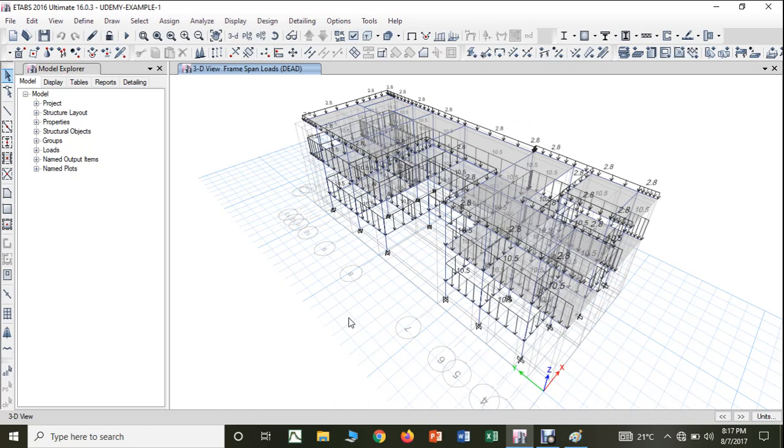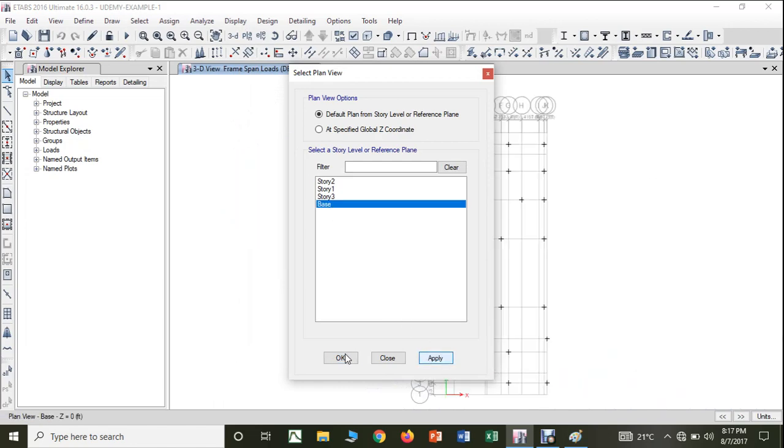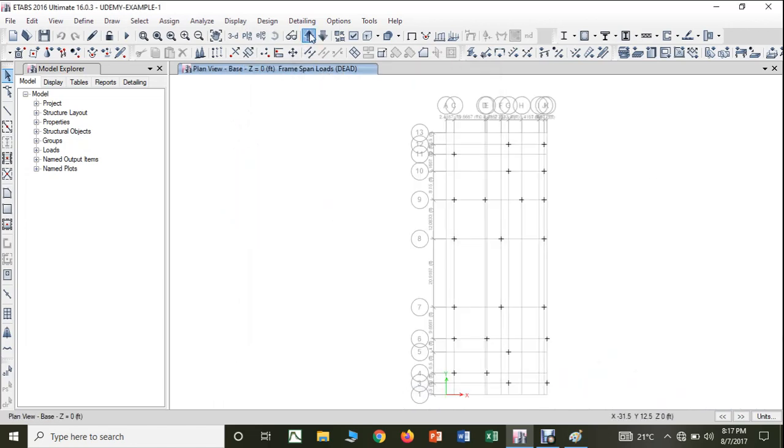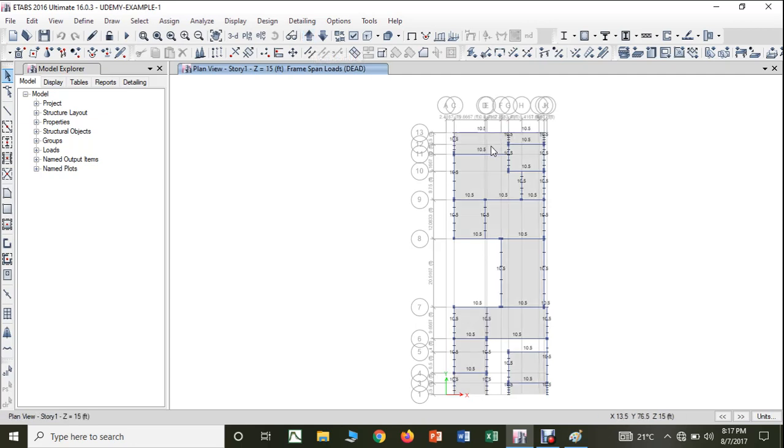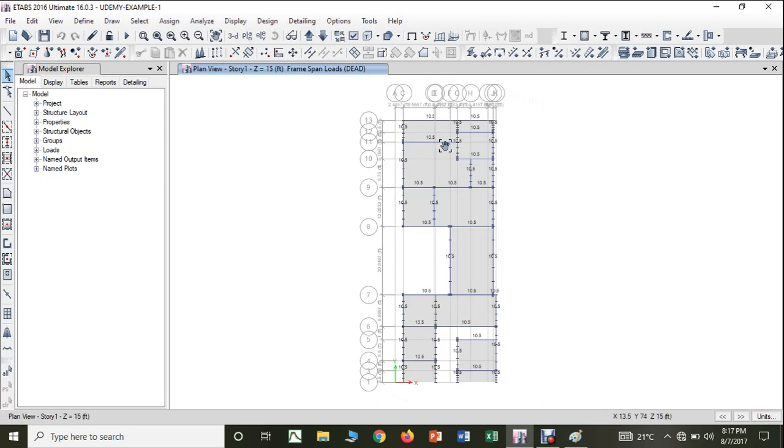Here I will be applying one story at a time. First I'll keep it in plan, and I'll go to the first floor. Now first let me apply the dead load of 1 kilonewton per meter square, that is the floor finish, on all the slabs.